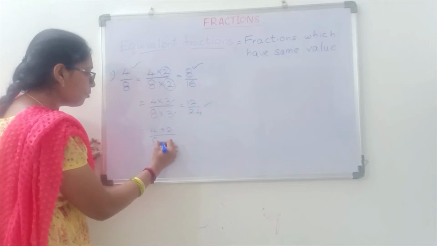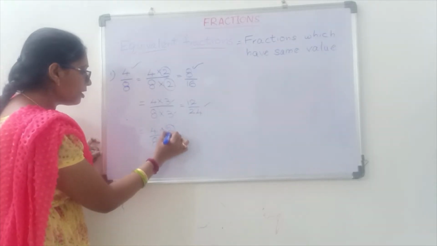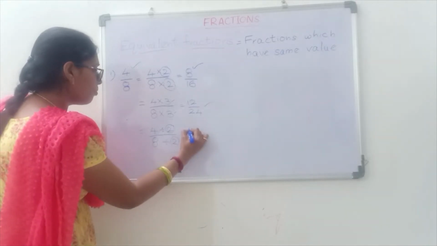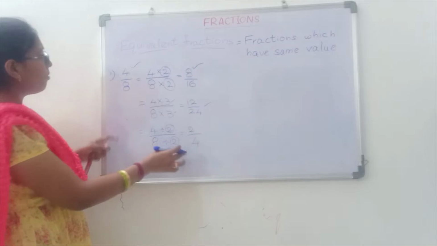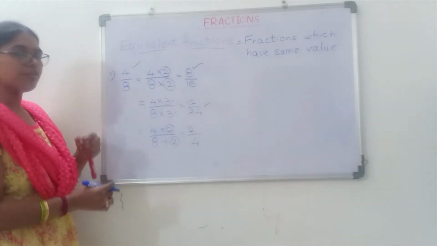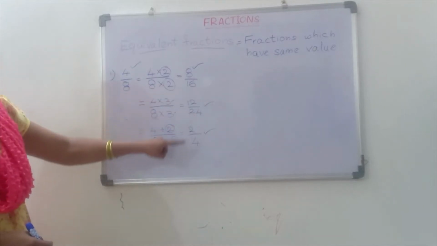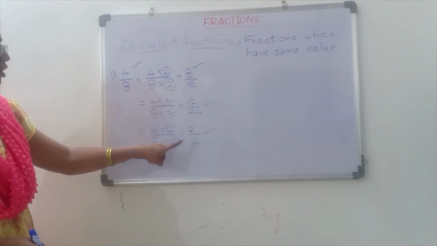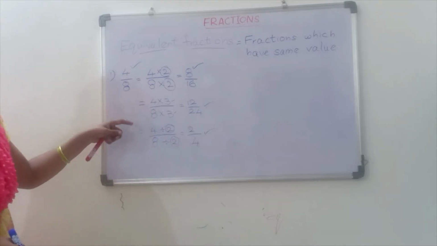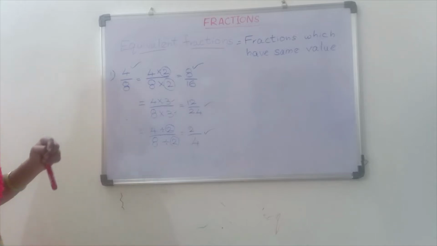Suppose we divide by 2 here. 4 by 2 is 2 and 8 by 2 is 4. So 2 by 4 is also equivalent fraction for 4 by 8. So here we got 3 equivalent fractions for the fraction 4 by 8: 8 by 16, 12 by 24, 2 by 4. In this way we can find any number of equivalent fractions for a given fraction.